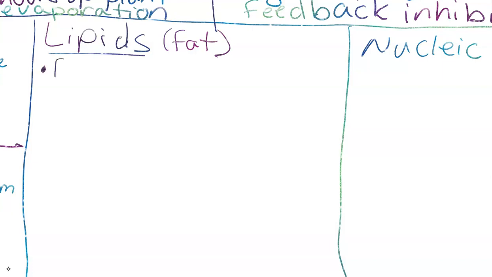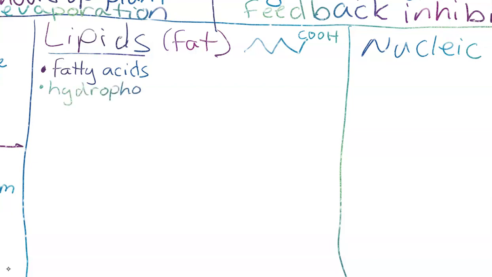We call them fatty acids. Why do we call them fatty acids? Because it's a fat with an acid. Remember carboxylic acid? There it is. So, fatty acid. It's a zigzag with a carboxyl. They are hydrophobic. Remember that means that they hate water.